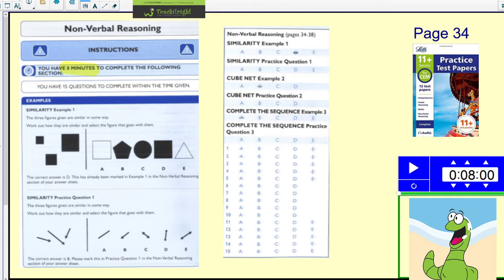Non-verbal reasoning. You have 8 minutes to complete the following section. You have 15 questions to complete within the time given. So start thinking. Listen to these examples and look at the images on the page. Similarity. Example 1. The 3 figures given are similar in some way. Work out how they are similar and select the figure that goes with them.